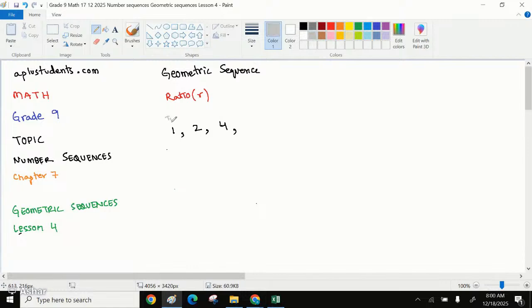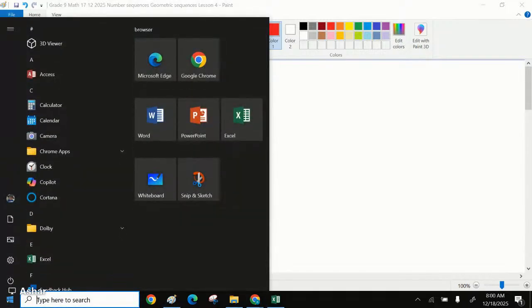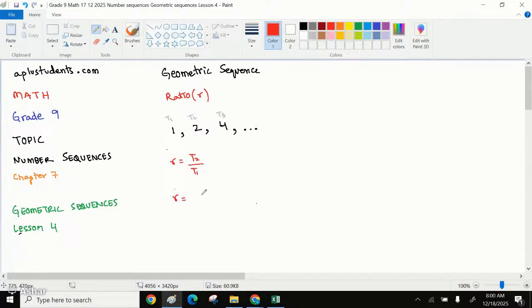This is term number 1, this is term number 2, this is term number 3, and this can be continued and so on. So what we need to see is the ratio. For any given 2 terms, to find the ratio, term 2 can be divided by term 1, or term 3 can be divided by its previous term. Any term divided by its previous term gives the ratio.